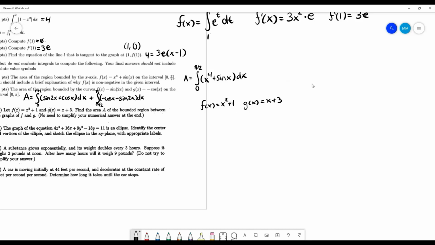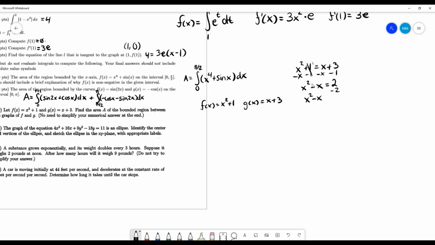So again, we want to check for intersection points. I'm going to subtract 1 and subtract x. So it's going to be x squared minus x equals 2.